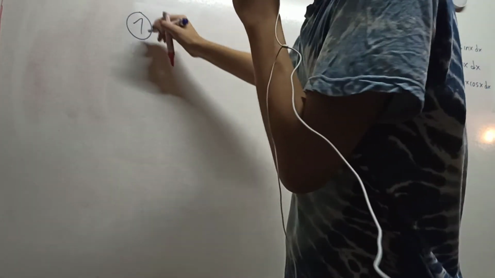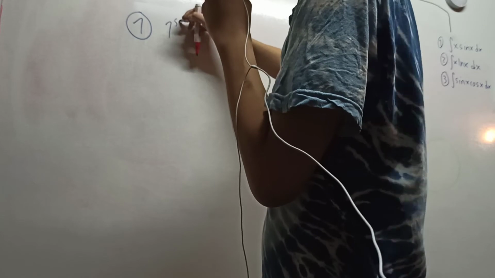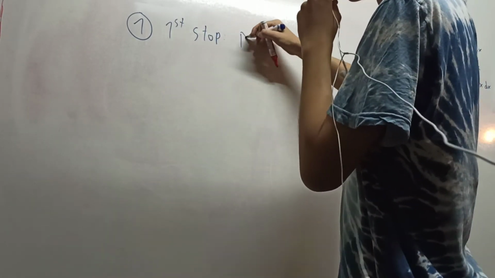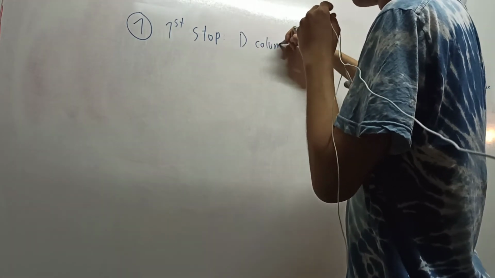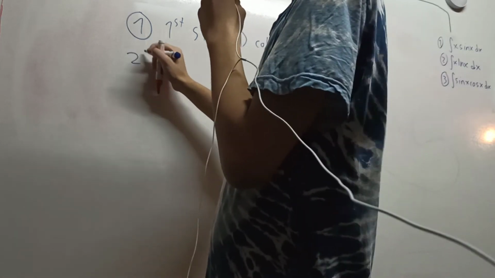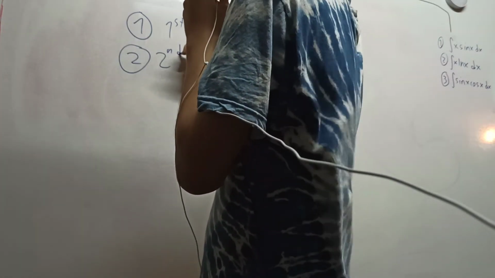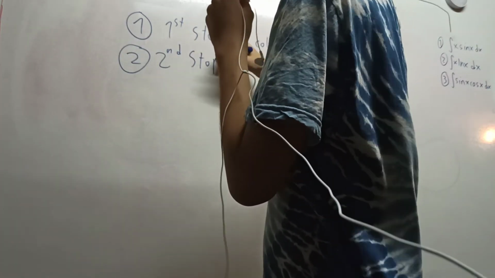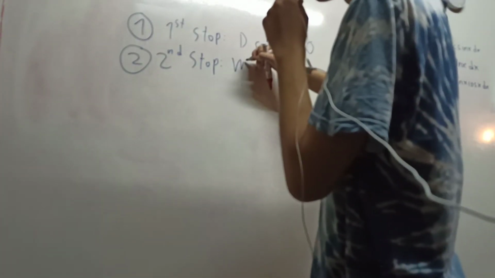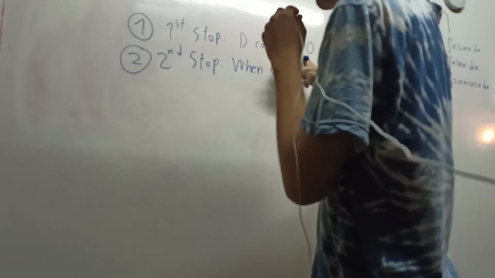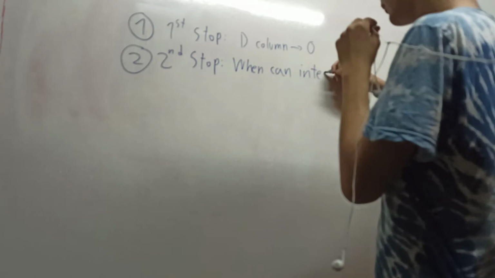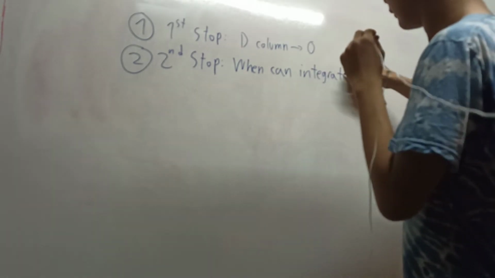So first stop, D column reaches 0. Second stop is when you can integrate a whole row.